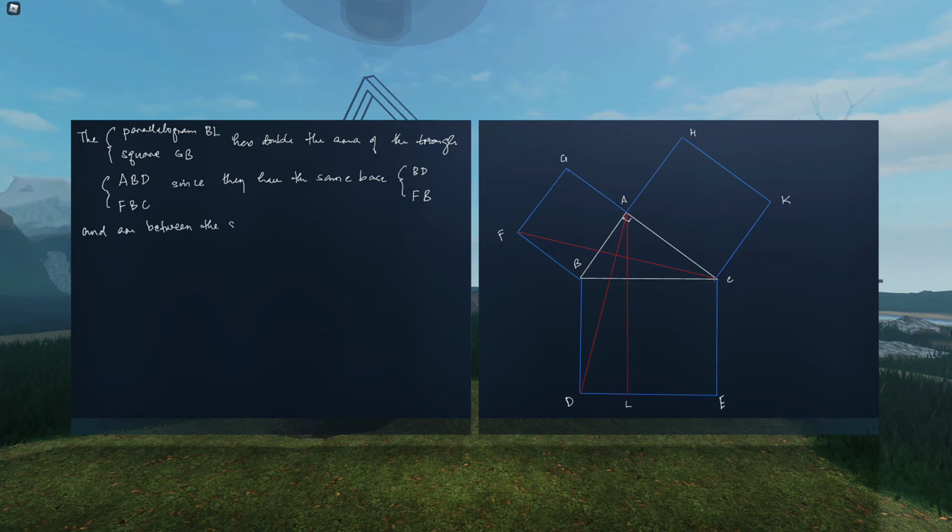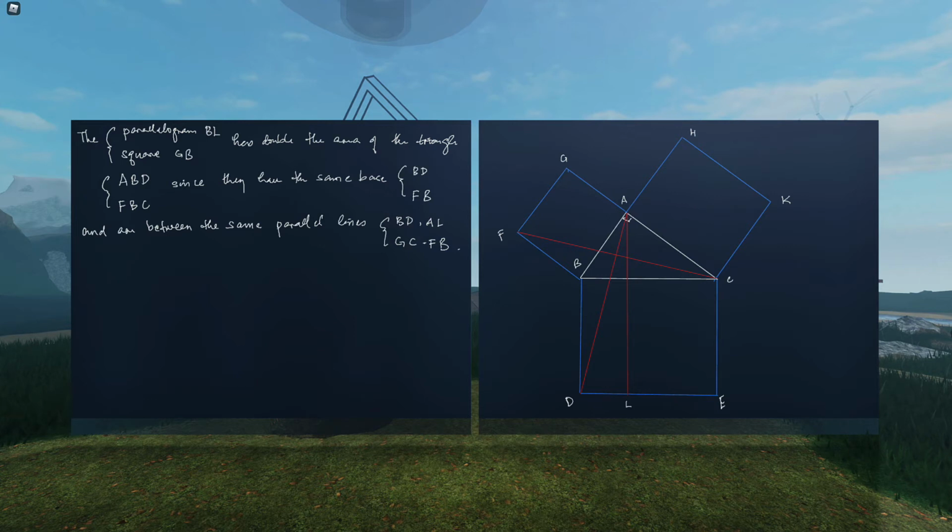The same parallel lines. And the parallel lines are BD and AL, and this is GC and FB. Okay, so let's just go to the diagram and take a quick look at what this means.